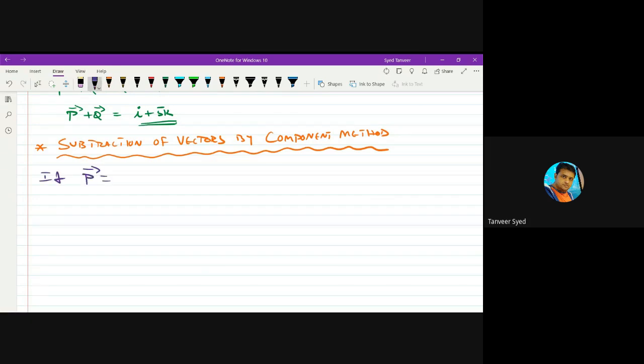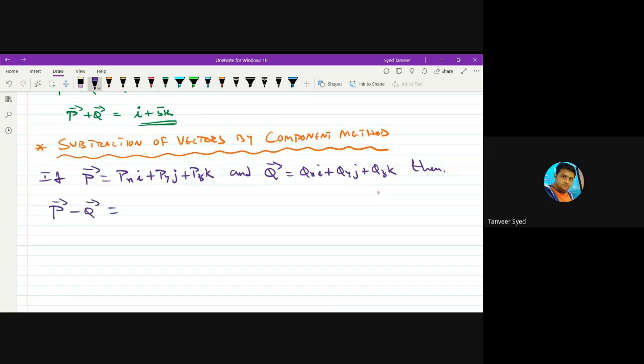If vector P is given as Pxi plus Pyj plus Pzk, and vector Q is given as Qxi plus Qyj plus Qzk, then vector P minus vector Q is equal to (Px minus Qx)i plus (Py minus Qy)j plus (Pz minus Qz)k.